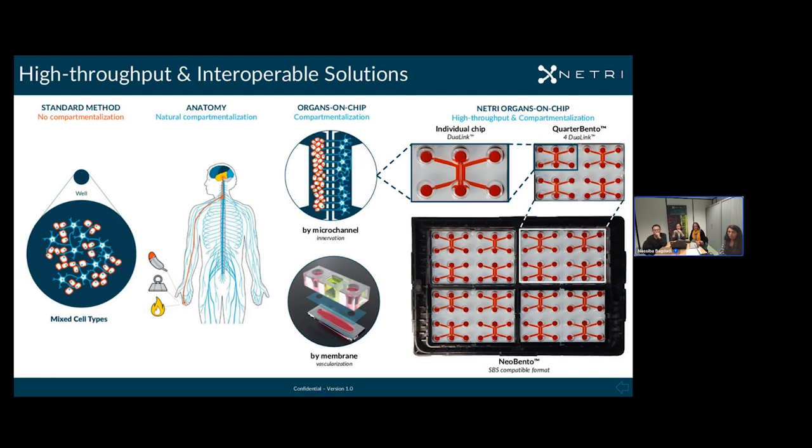The bottom reservoir is separated from the top middle well by a porous membrane. So you can use the system to test different types of compounds, for example on different types of organoids in the middle well, compounds that can be brought by the vascular system.